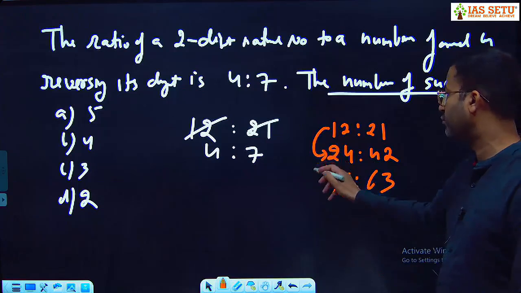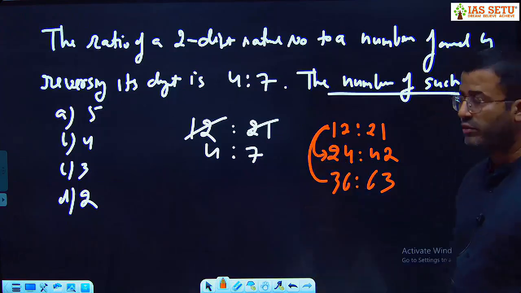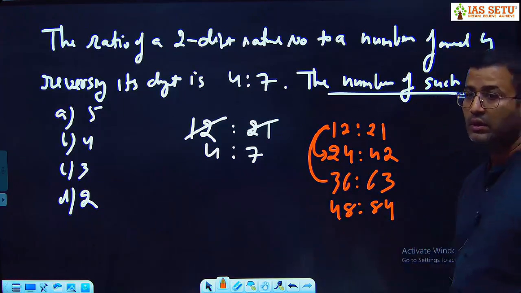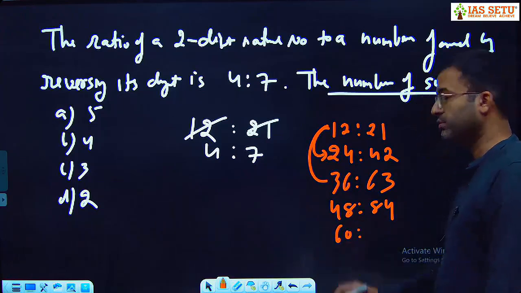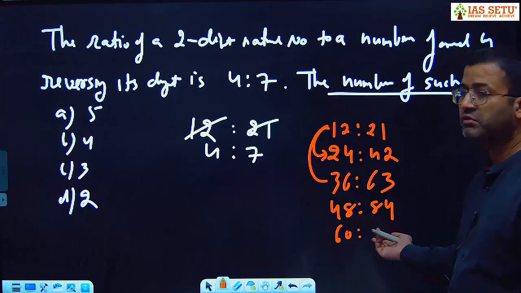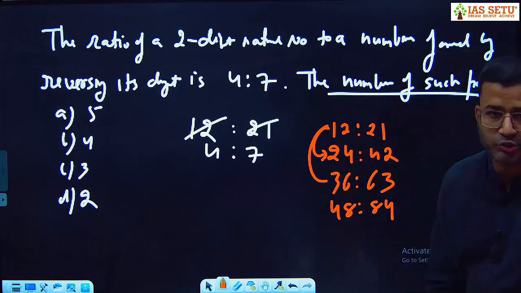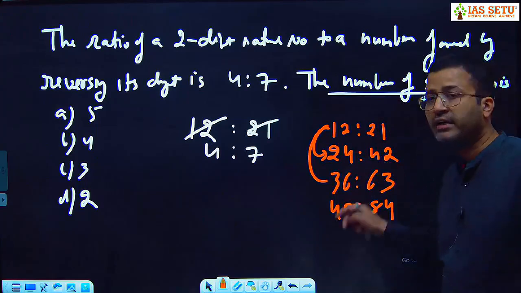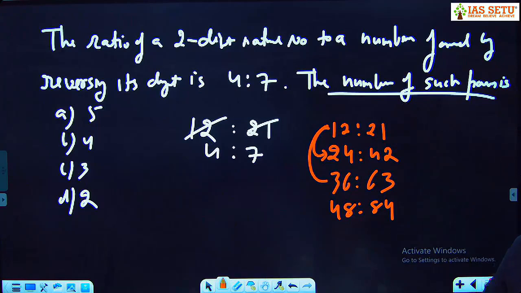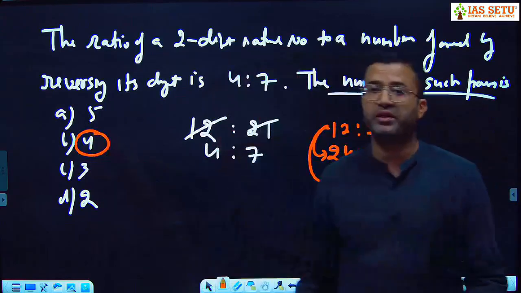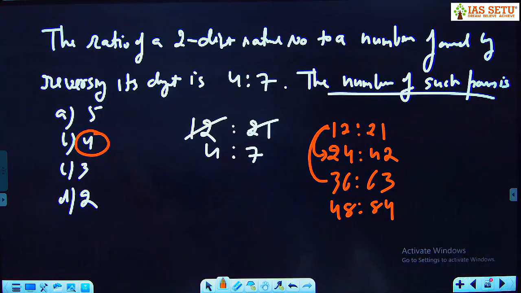Take 3 multiples of 12, then 48 and 84. Then 60 is not possible, because the reverse of 60 becomes 6. So the first pair is 12 and 21, the second pair is 24 and 42, the third pair is 36 and 63, the next pair is 48 and 84. So your answer is there are 4 such pairs possible which satisfy your question.